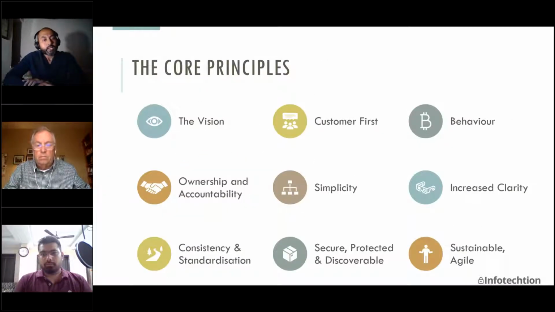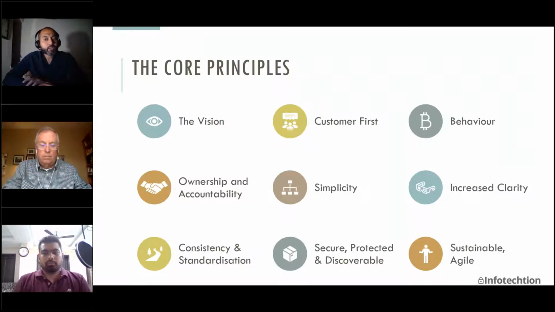Moving on, let's have a look at the core principles which are important in order to establish an information governance strategy. I start with the vision, which requires a clear understanding of objectives, your priorities, and commitments.